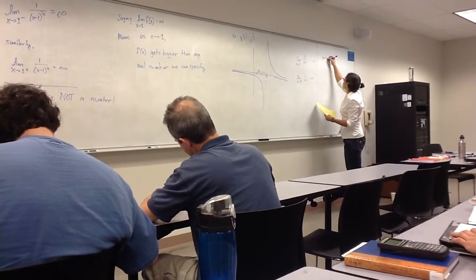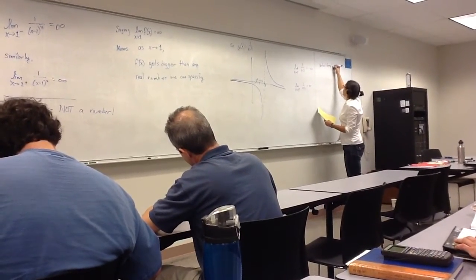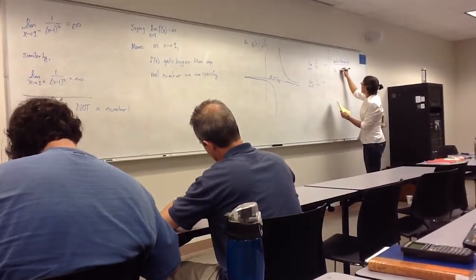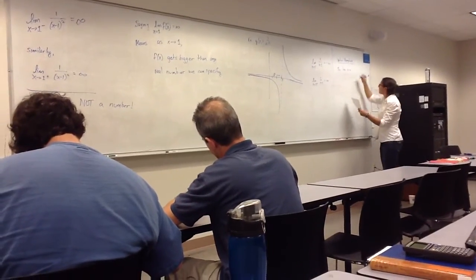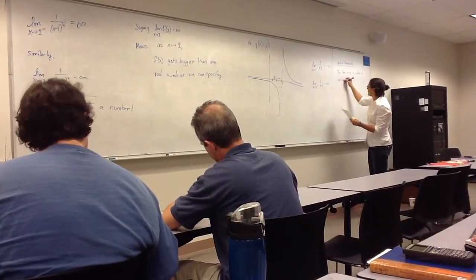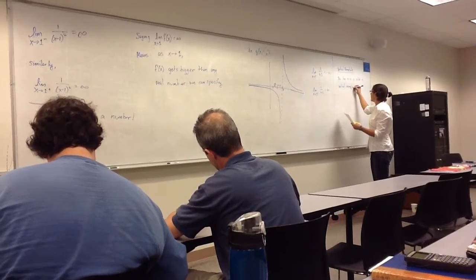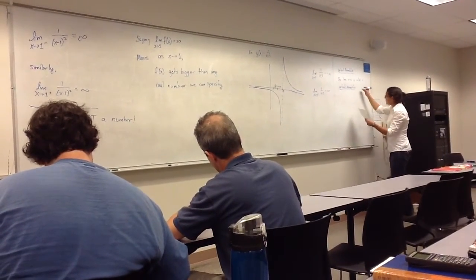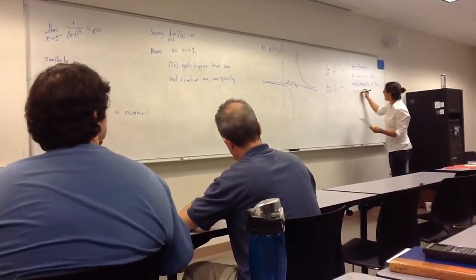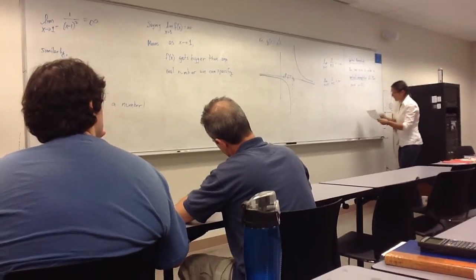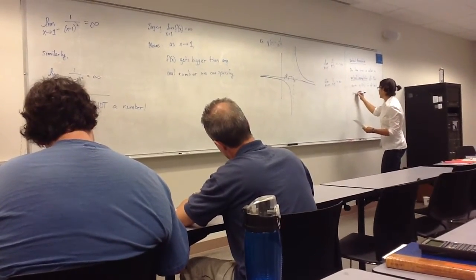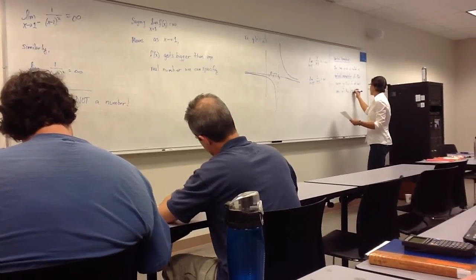A vertical asymptote: we say that the line x equal to a is called a vertical asymptote of the curve y equals f of x if at least one of the following is true.